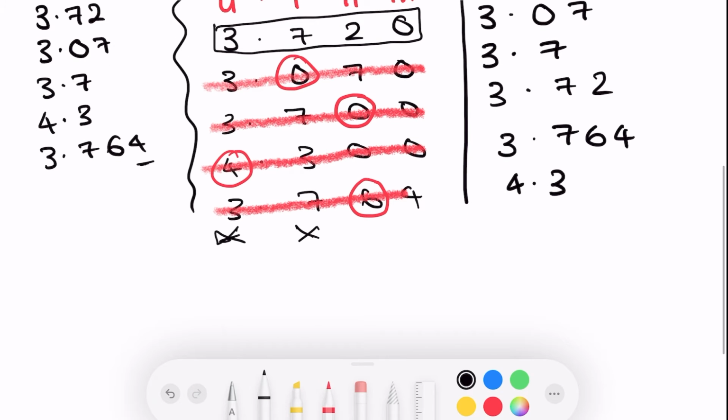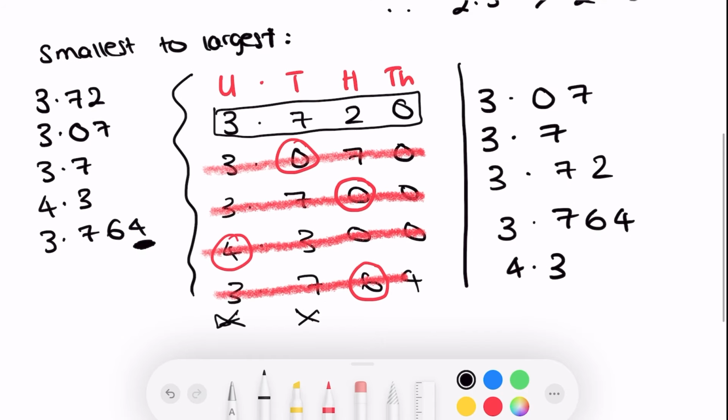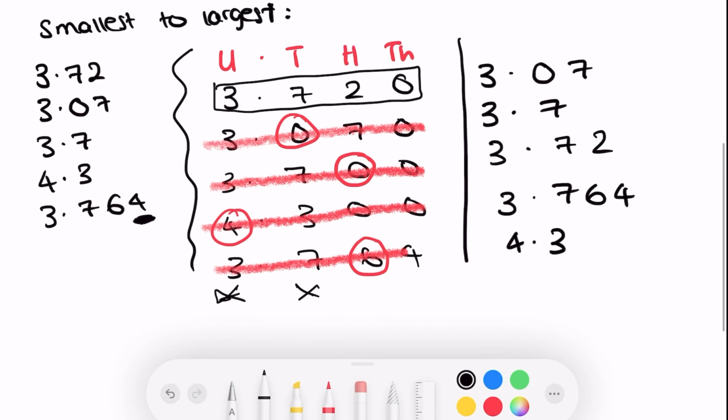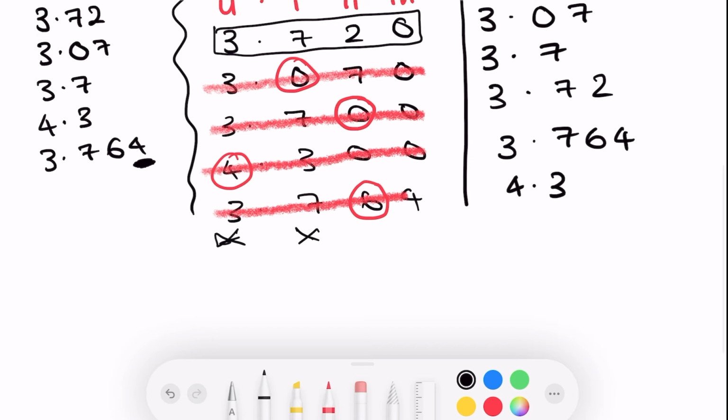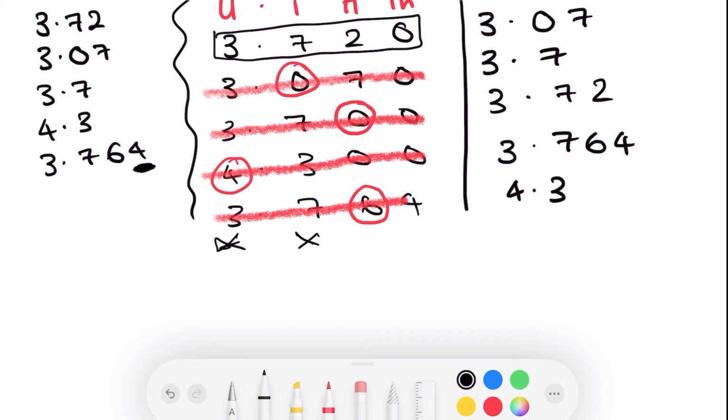So let's make this, because we know it's in the thousandths column. Our digit to the most right is the thousandths column. We'll multiply all of our numbers by 1,000. So we're going to have 3.72, sorry, not 3 point.